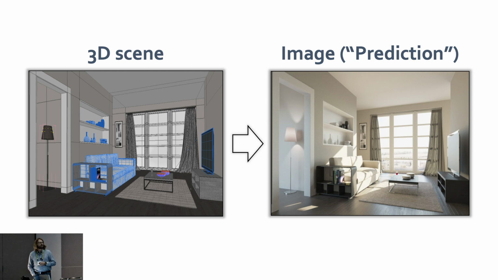So what is this rendering? When you look at it from an algorithmic point of view, rendering is a process that gets a scene description. We get some geometry, some materials, some lights, some camera, and then we keep crunching. That's the rendering process, and out comes a realistic image. What I have put on this slide here is the word prediction.